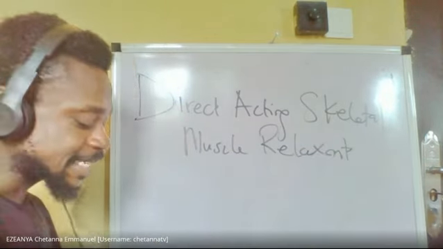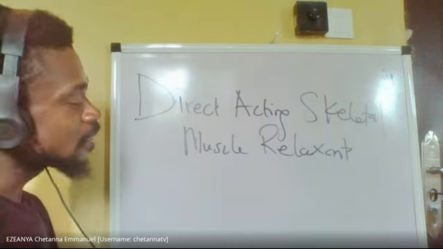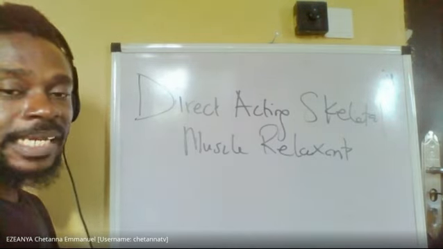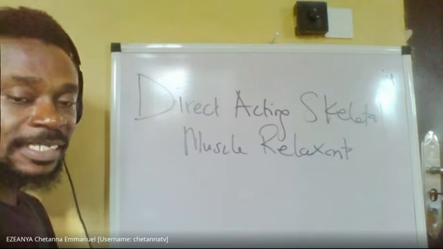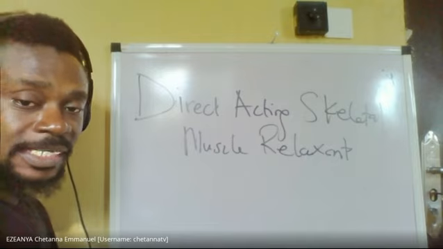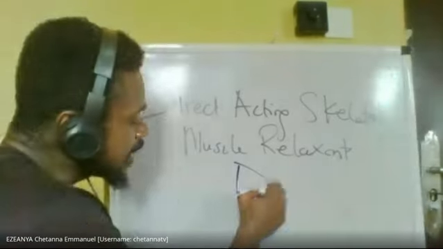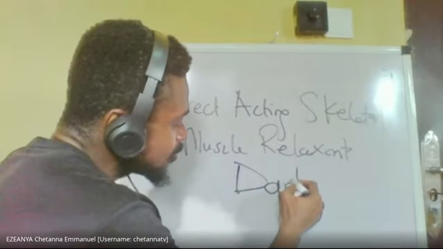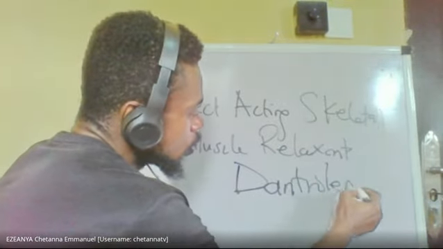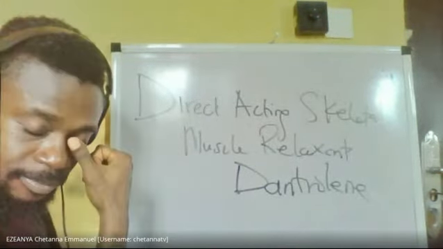Direct acting skeletal muscle relaxant is another class of skeletal muscle relaxants. The common example I want us to look at is dantrolene.